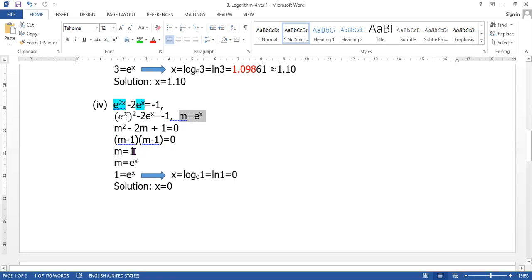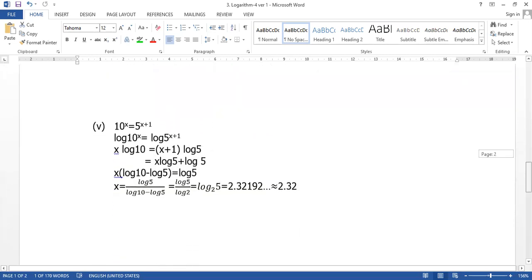Okay, we substitute 1 to our assumption, and we use the relation of logarithm and exponential. We get this logarithm 1 with base a. We change logarithm as learned, and we get x is 0. So the final solution is 0.